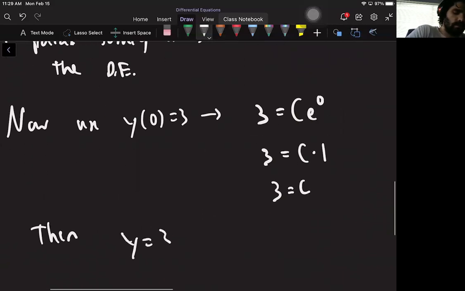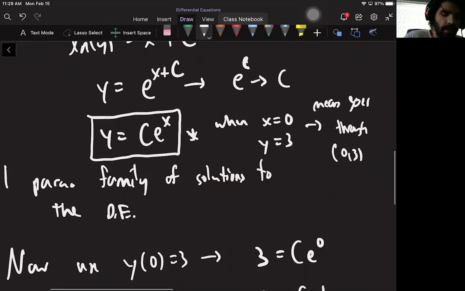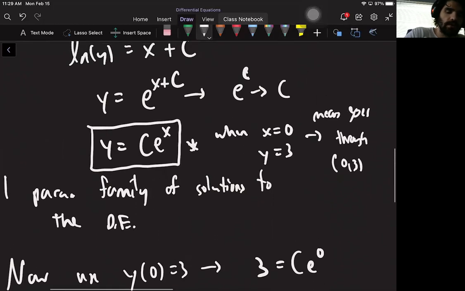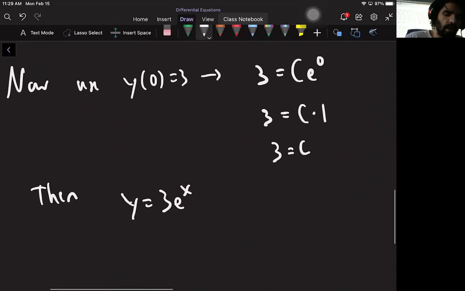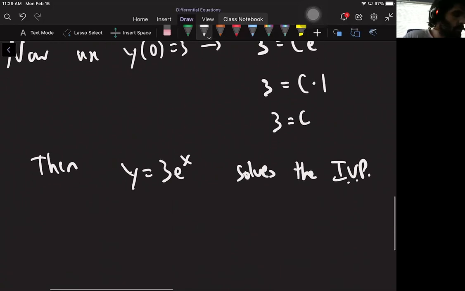So when I plug this c back in, it is one of the solutions in the family, the one with c equals 3, but it's also the one we want because it's the one that goes through this point. When I plug in 0 for x, I will get 3 for y. So we say that this solves the initial value problem because it solves the DE and it obeys the extra condition.